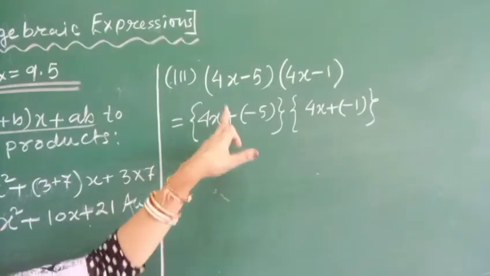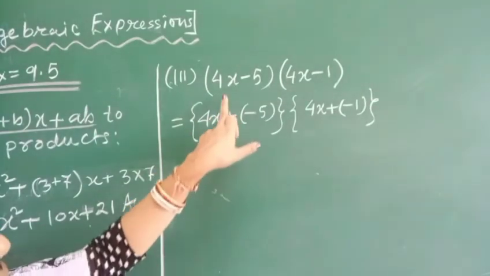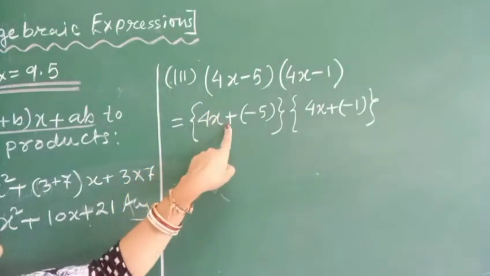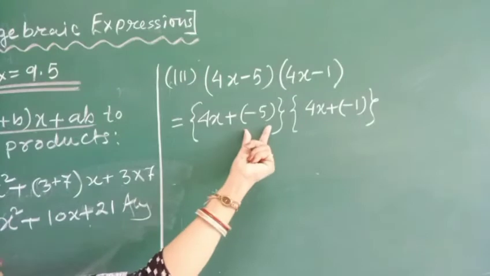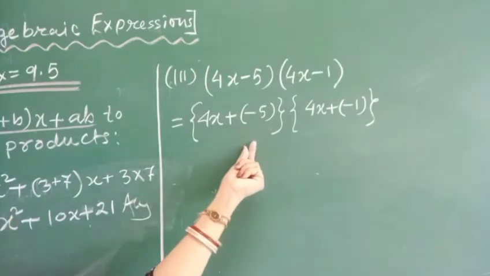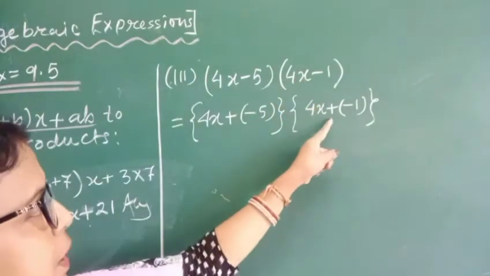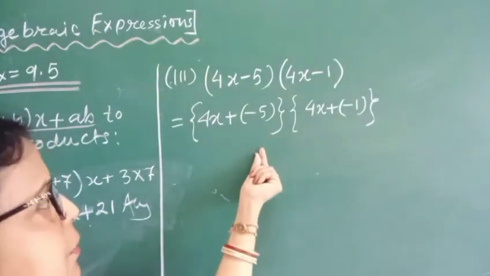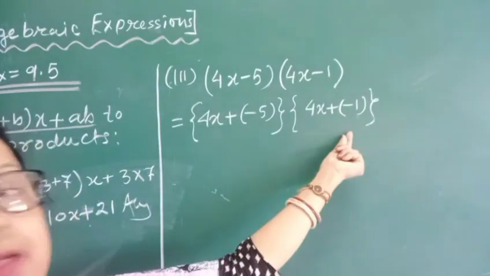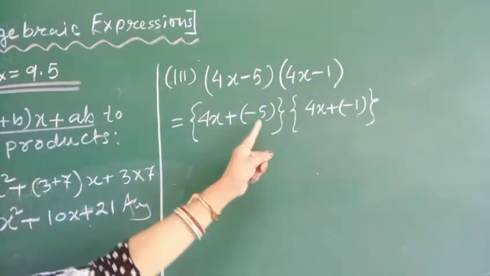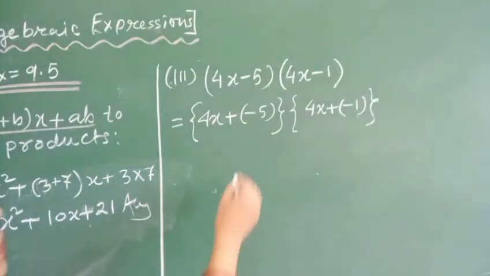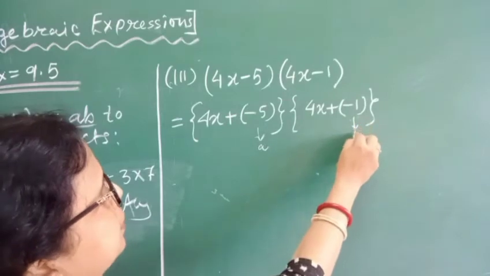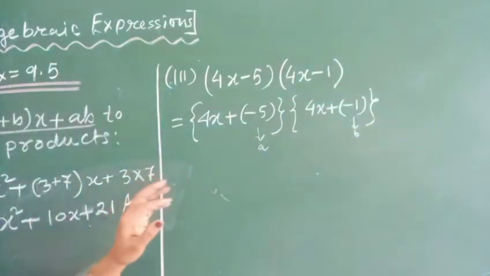But how do we do this? Concentrate here. I am using a second bracket: 4x plus minus 5, as minus 5 is our a, into 4x plus minus 1, so minus 1 is our b. Understood? We are considering minus 5 as a and minus 1 as b. Then the sum will become easy.